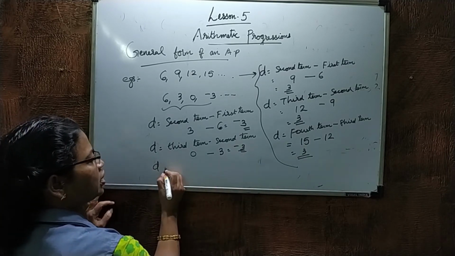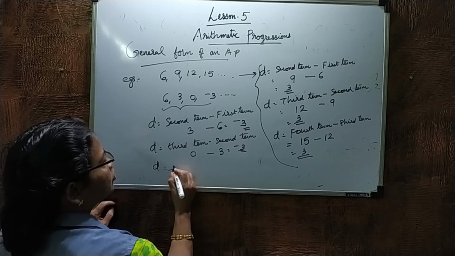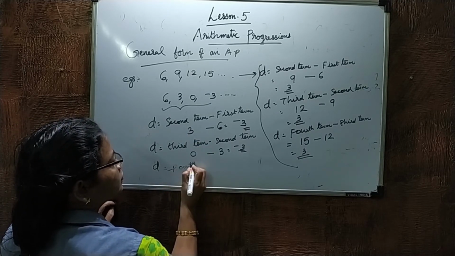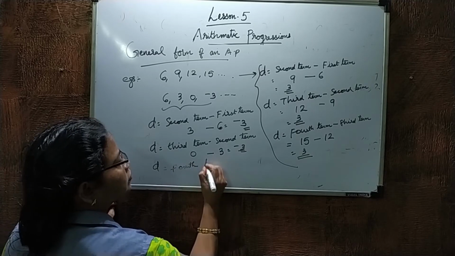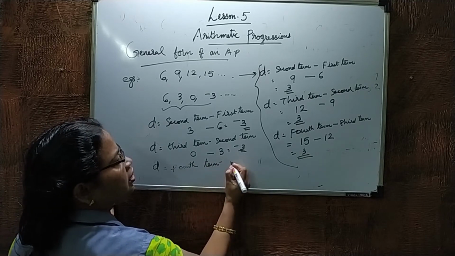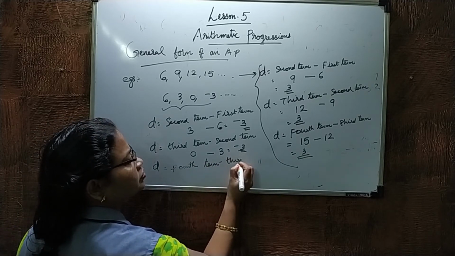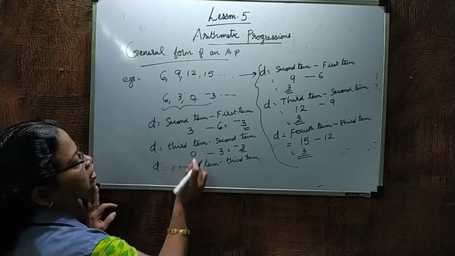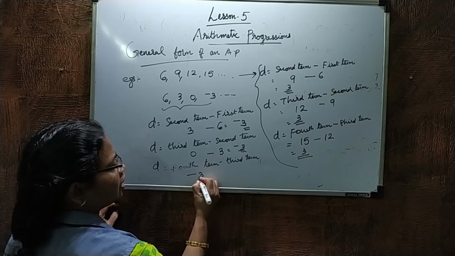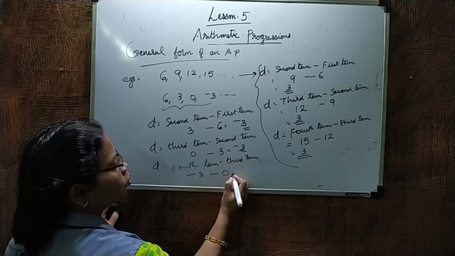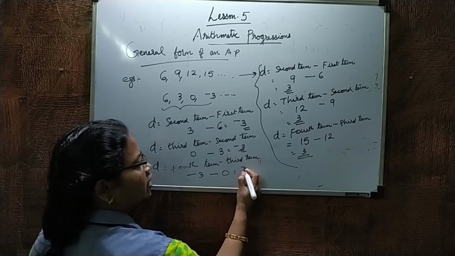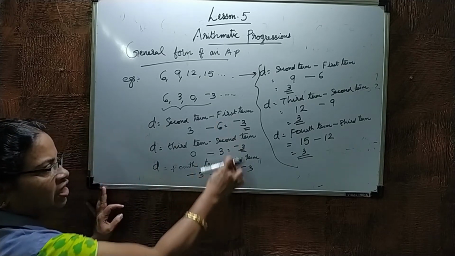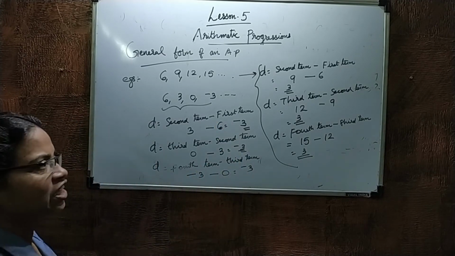Again, D: fourth term minus third term. Fourth term is negative 3 minus 0. What will you get? Negative 3. Just look, here the common difference is negative 3.